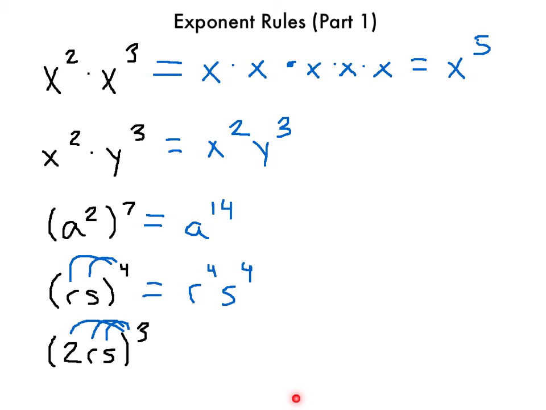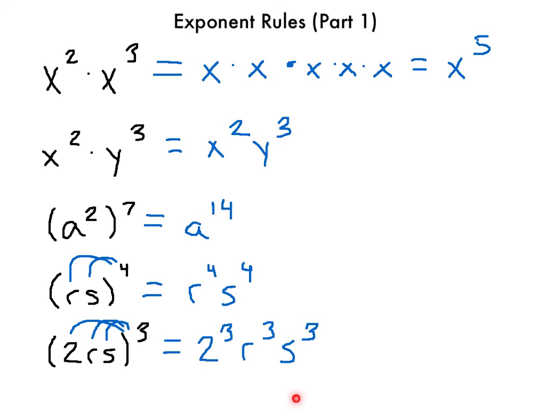And then what people will do is they will multiply 3 times 2 to get 6. But the problem with that is we have an exponent here. That stays an exponent. It never changes. So it actually ends up being 2 to the third power, r to the third power, and s to the third power.